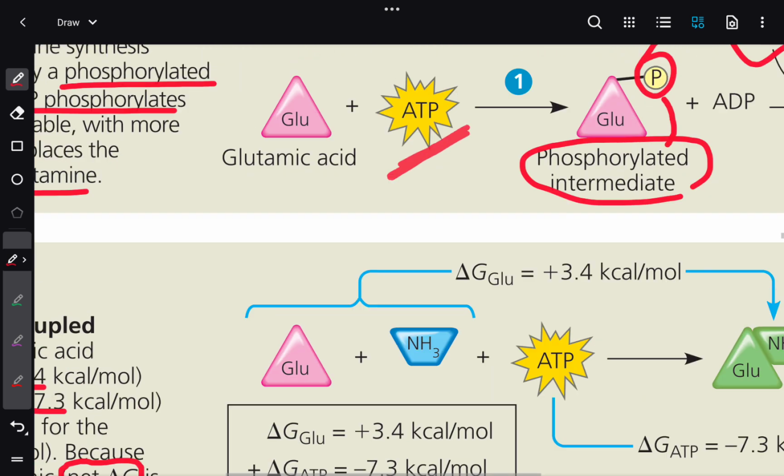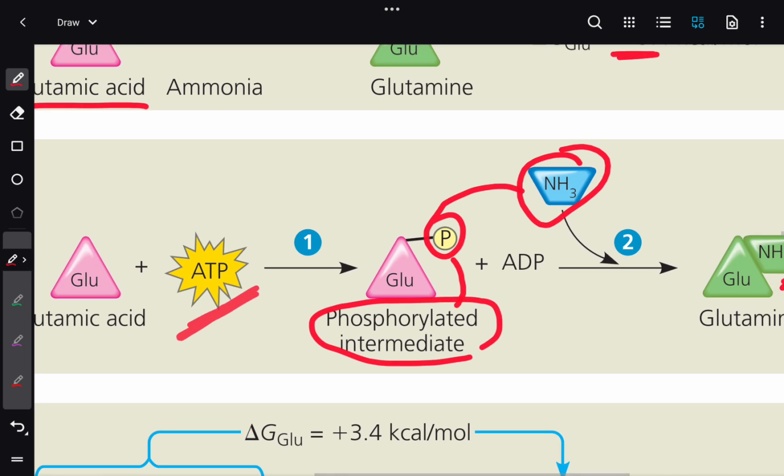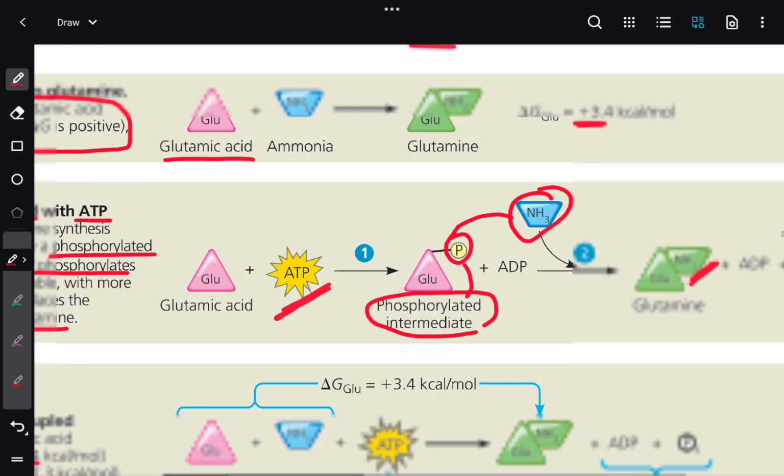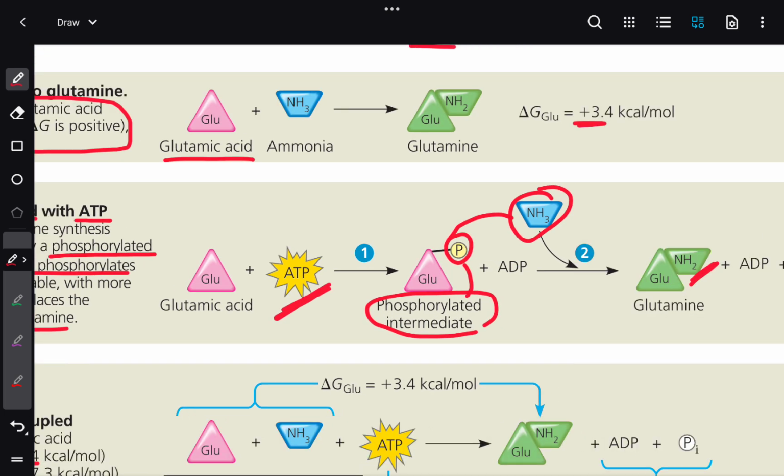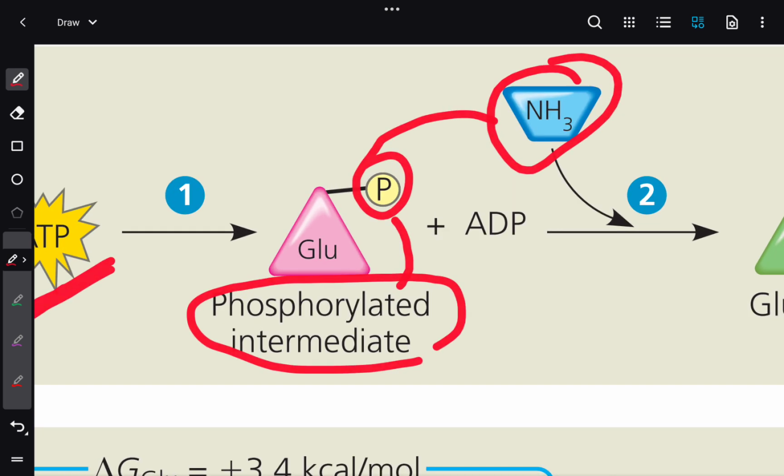Now, if you separate these reactions, you will look at the phosphate group that the ATP will provide, which will link up to the glutamic acid, and it will become a phosphorylated intermediate, which is phosphorylated glutamic acid.